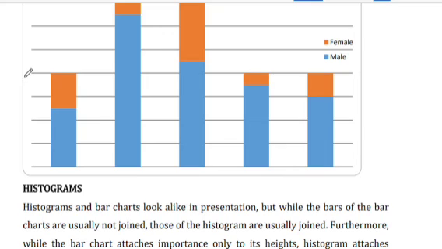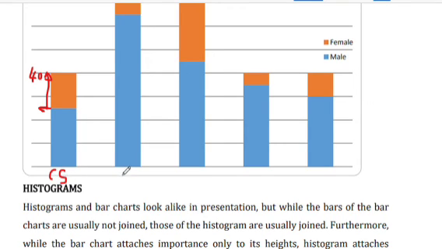The total sum must be 40, but the male is 25. So this is 0, 10, 20, 25. This is where you are going to start the female from. From here to here is 5, and the remaining is 10. So from here down to this place is 15, and when you add it to this 25, it gives you 40. So this is chemical science.